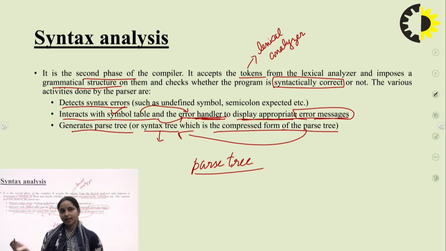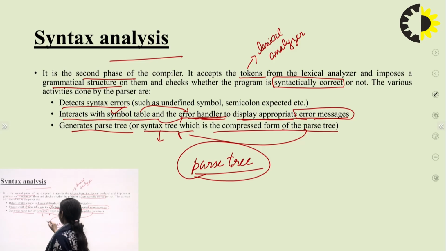In syntax analysis, we have the tokens plus the syntax errors, and the major thing is that the output we receive in this phase is in the form of a parse tree, or we can say a syntax tree.